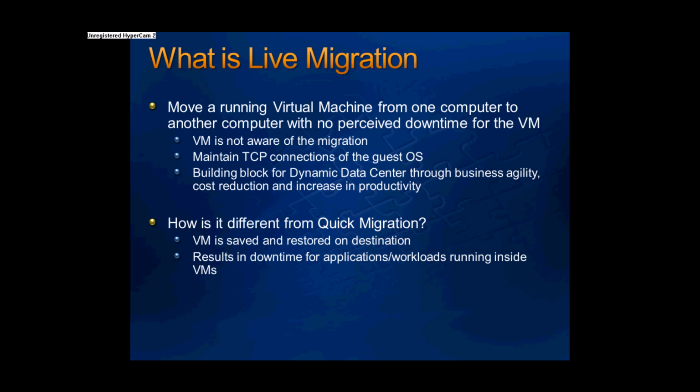So what's the difference between live migration in R2 compared to quick migration in R1? Basically, both of them move a VM from one node to another node. But the difference is that in quick migration, when you migrate a virtual machine from one node to another node, you need to save the state of the VMs. When you save the state of the VMs before you migrate to another node, there's a downtime.